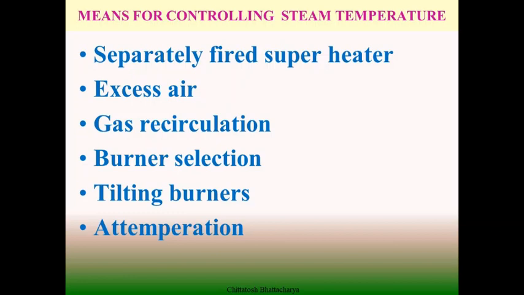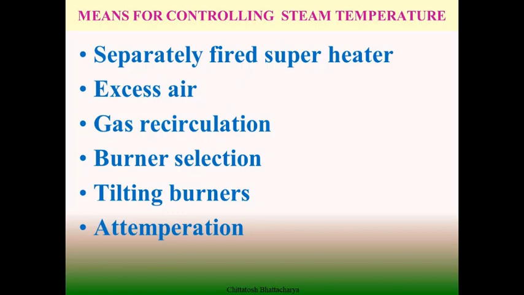Besides that, we have a special provision of spray watering through attemperation or desuperheaters, where we use some arrangement of water injection within the steam flow passage, so that there is mixing or surface type cooling from this steam flow passage.